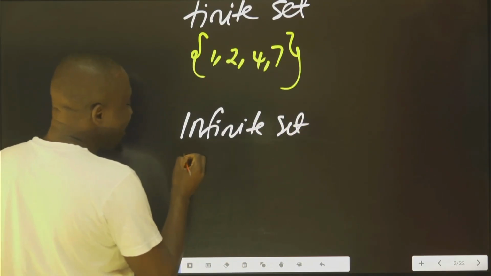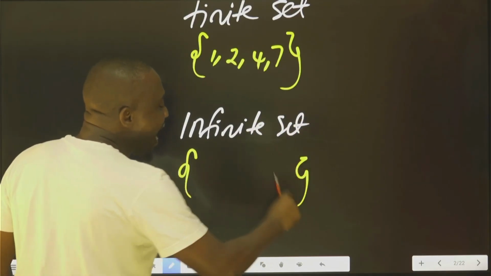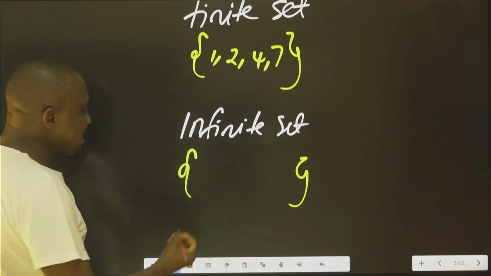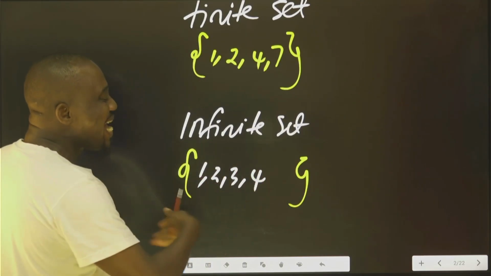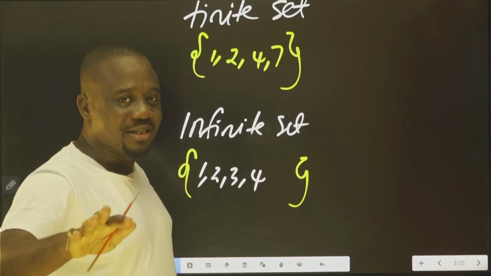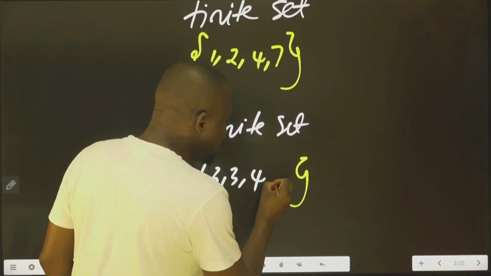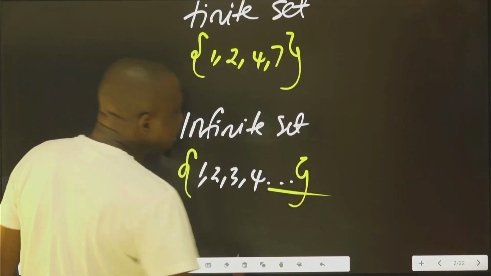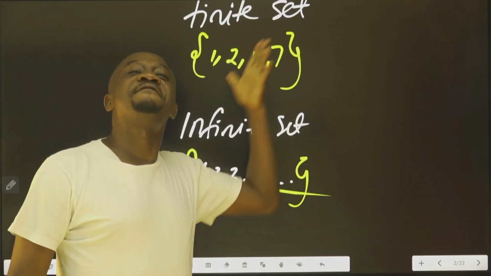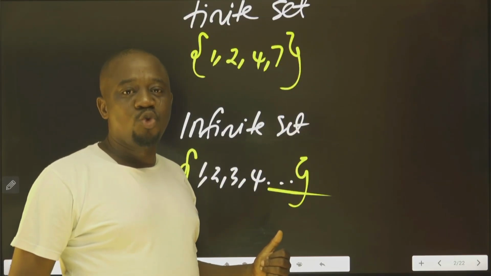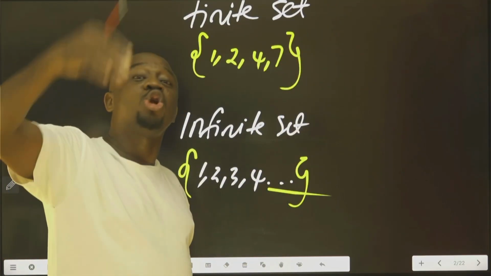So you can see, it means it has no end. For instance, I write 1, 2, 3, 4. This is a set of numbers.